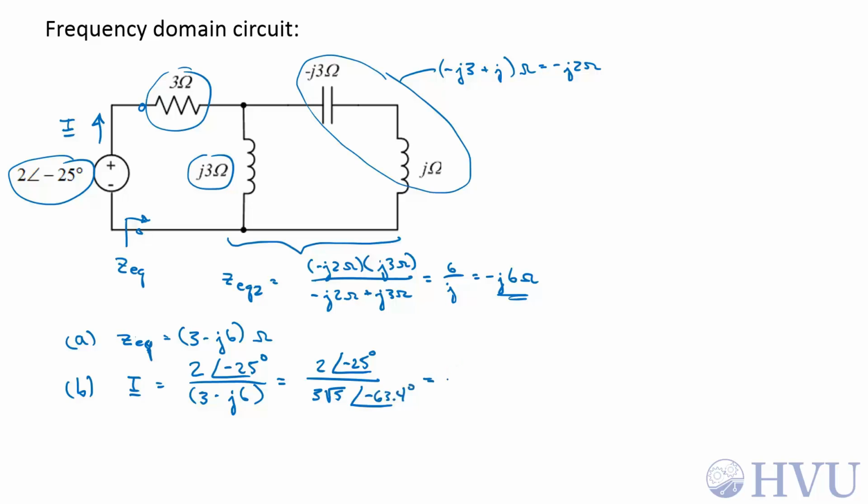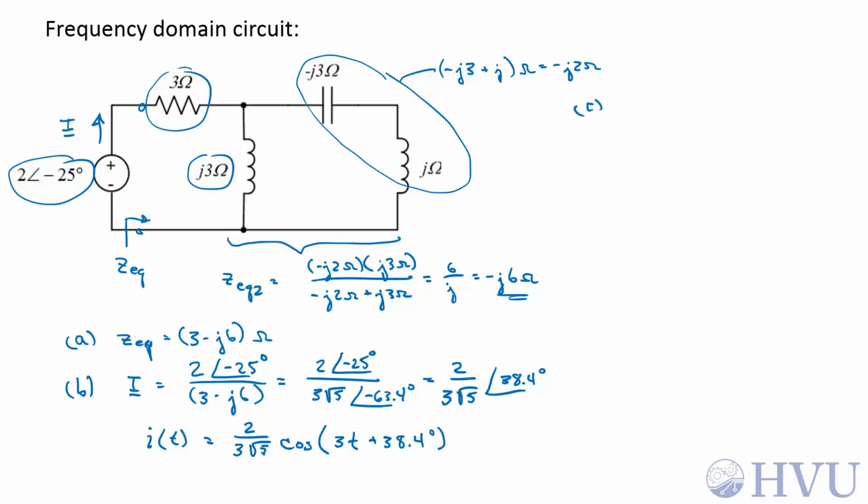So the current phasor is 2 over 3 times the square root of 5 at an angle of minus 25 minus a minus 63.4, which is positive 38.4 degrees. The current out of the source, I of t, is going to be 2 over 3 square root of 5 cosine of 3t plus 38.4 degrees. And that's my answer for part B.